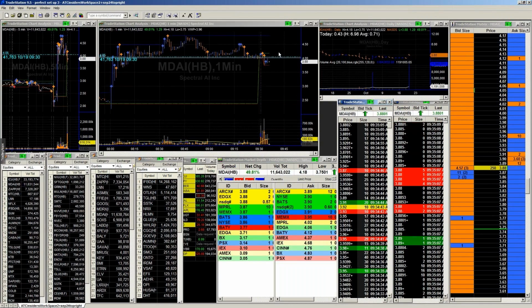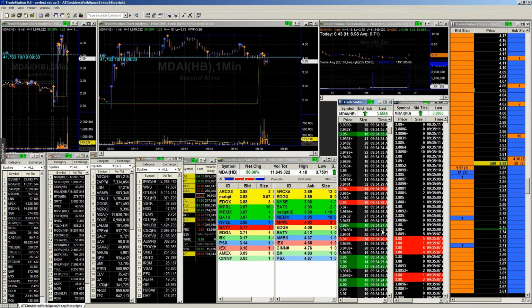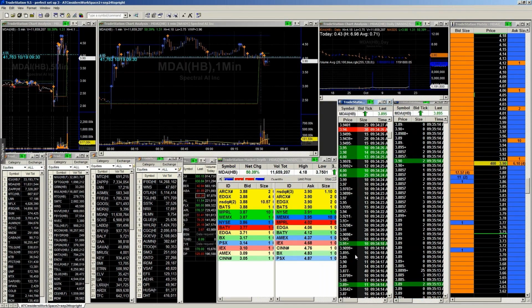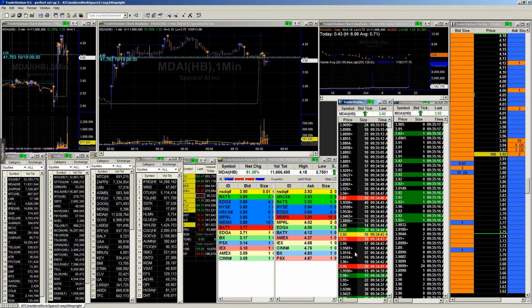Not easy to get back up above, but we're going to have to see some type of prints. 2 prints at 4, obviously not going to do anything.